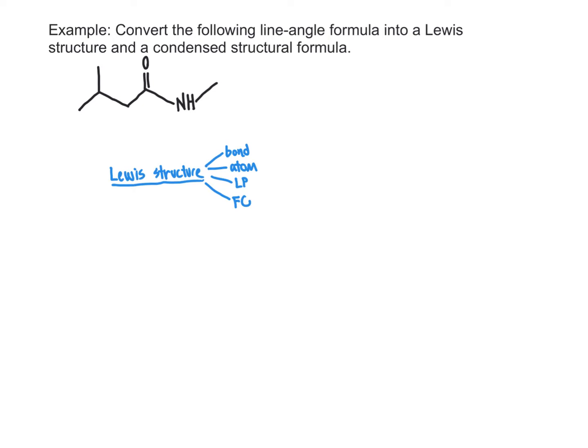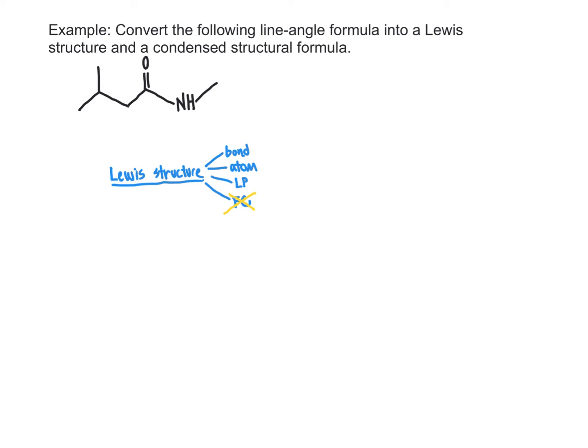And in the case of drawing a Lewis structure for the molecule that we see up here, there are no formal charges shown in the line angle formula, and what that means is that there are no formal charges in this molecule, period. So we don't really need to worry about drawing in formal charges. If they were present, it would be necessary they be shown in the line angle formula.